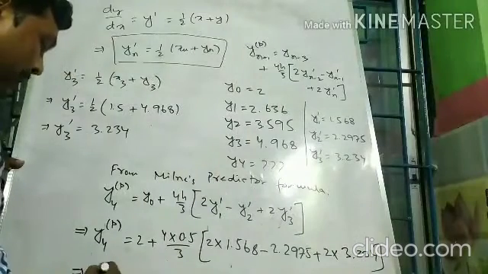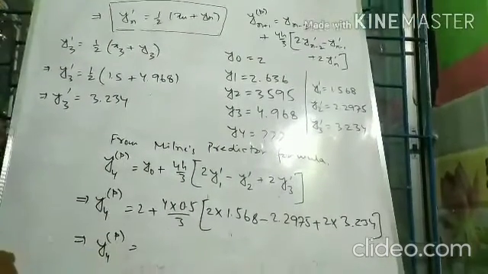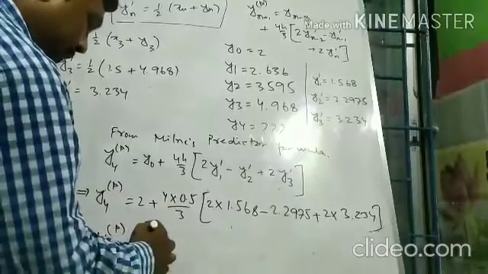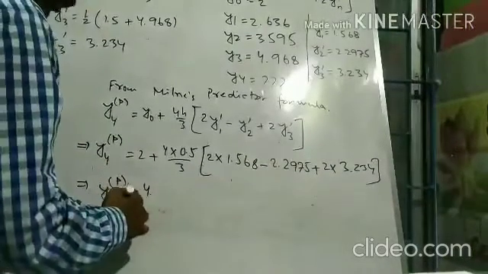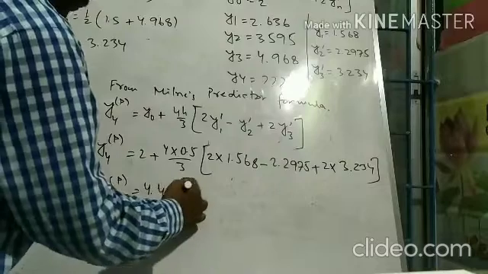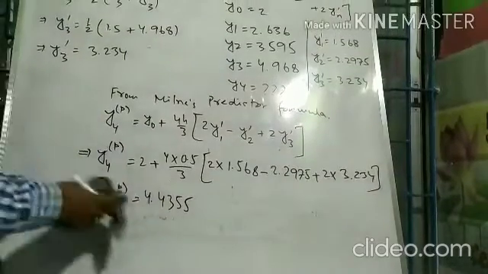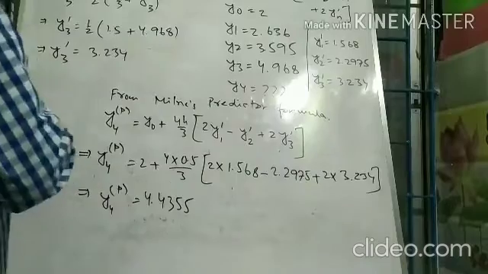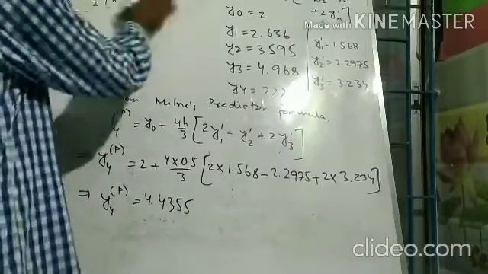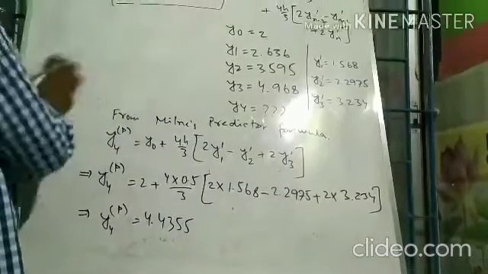So y4p equals 4.4355. The predicted value of y4 is 4.4355. Now you have to use the corrector formula.